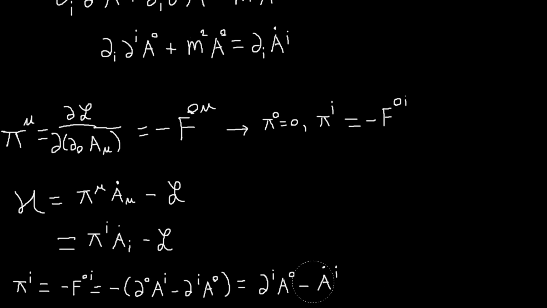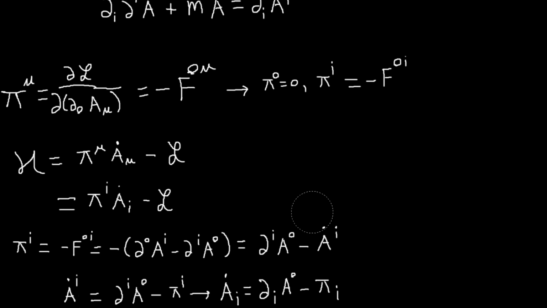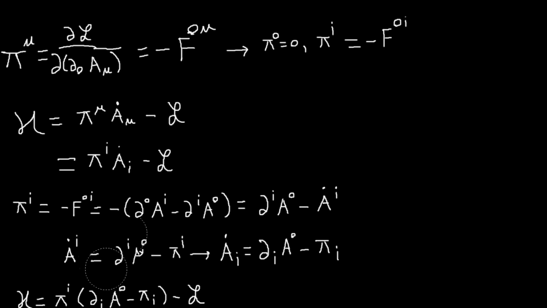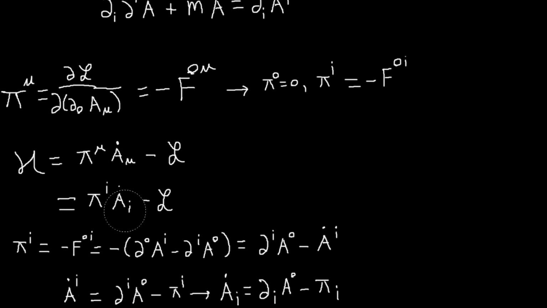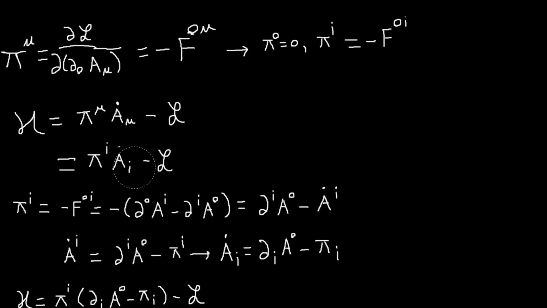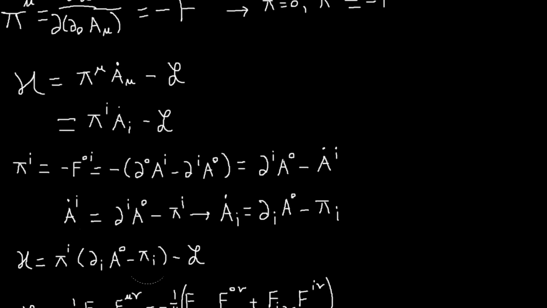And so sure enough, we can write π^i in terms of Ȧ^i. Solving that for Ȧ^i, we just get this, and then we want A_i with the index lowered, so that would be this. And we can just plug that into our expression for our Hamiltonian density. So we get this.